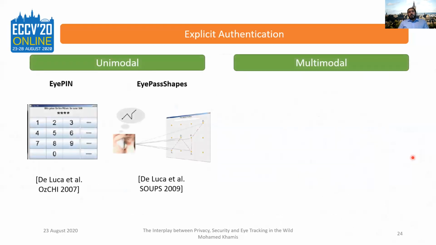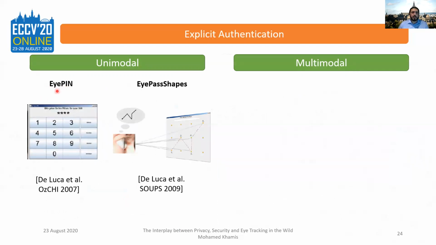A further way to categorize explicit authentication is based on the number of modalities involved. The initial attempts for gaze-based authentication looked into using eyes or gaze as the only modality for entering passwords, like the systems here.